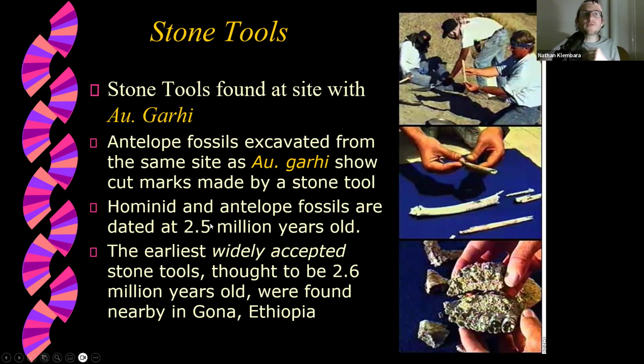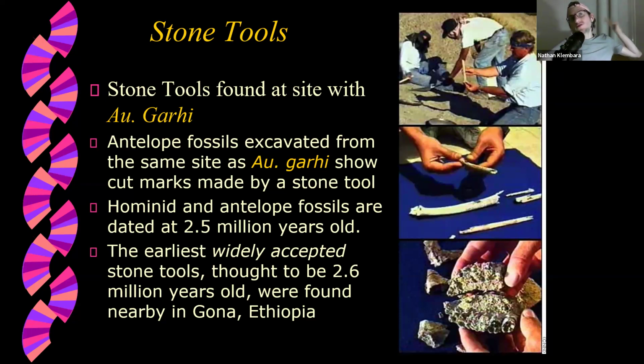Both of these date to 2.5 million years old. So this means a couple of things. One, this isn't changing the game like the Lomekwian was, because the garhi tools date to about the same time, and we already knew that stone tools existed in Olduvai Gorge 2.6 million years ago. So we already knew stone tools dated to this time period.